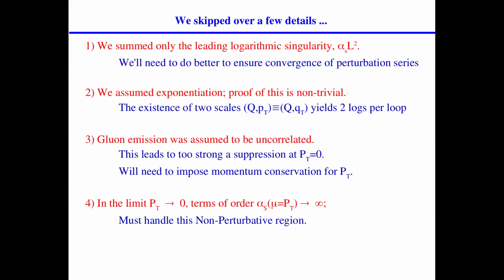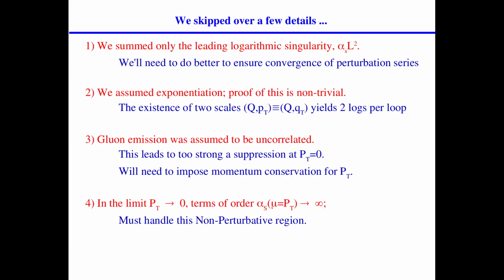And so, the problem here is when you have multiple scales, you get 2 logs per loop, and you've got to deal with that. Also, the gluon emission was assumed to be uncorrelated. It turns out that leads to too strong a suppression at PT of 0. And so we have to have some way of imposing momentum conservation in PT there.